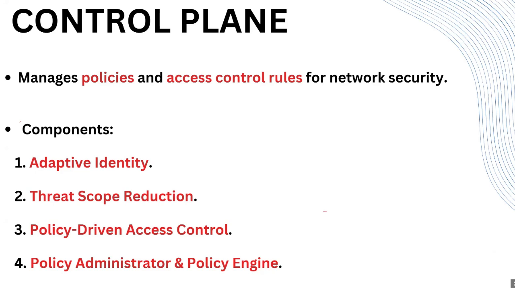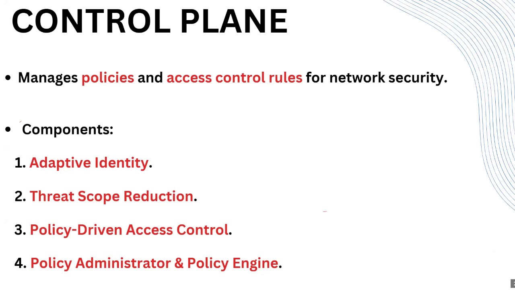So like authorization and authentication. So all of that is handled in the control plane. Control plane is the big boss of the zero trust model, right? It's where all of the access decisions are made, whether this certain user is allowed access or whether he's not allowed access. It's all made in the control plane.